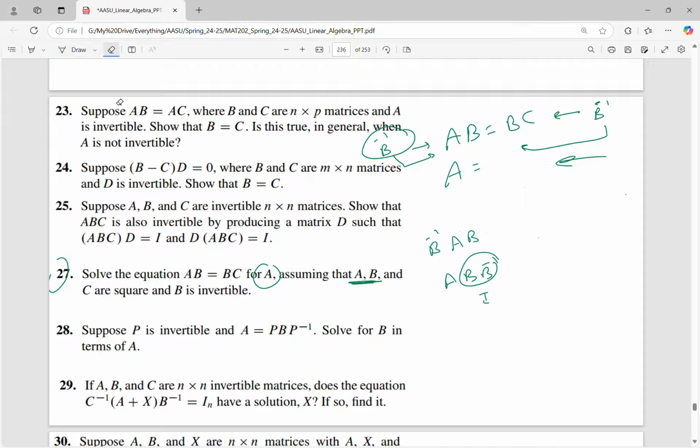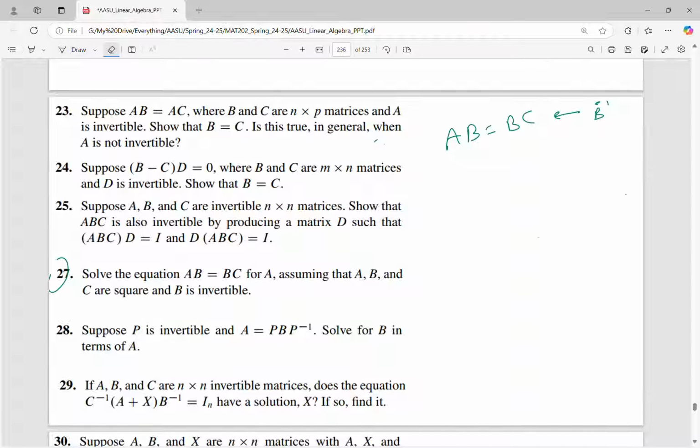This is how we decide. So we can simplify. Then I multiply from the right. In this case, it becomes AB B inverse equals BC B inverse. B with B inverse, they get cancelled with the identity, and this is A.